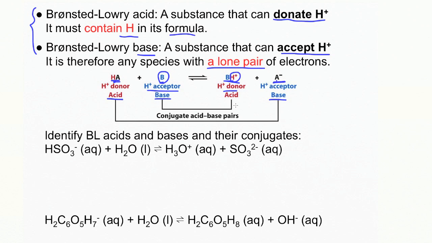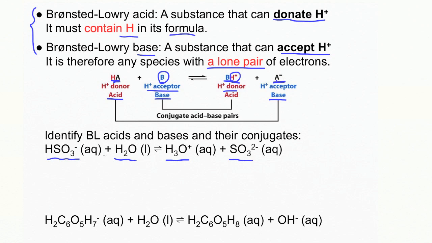Again, let's remember this. The only difference between a conjugate acid and base pair is just one proton, so you need to check the formula. Let's take a look at this first reaction. HSO3 minus reacts with water, generating the hydronium cation and the SO3 2 minus.